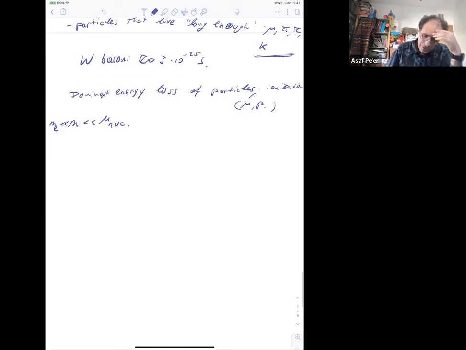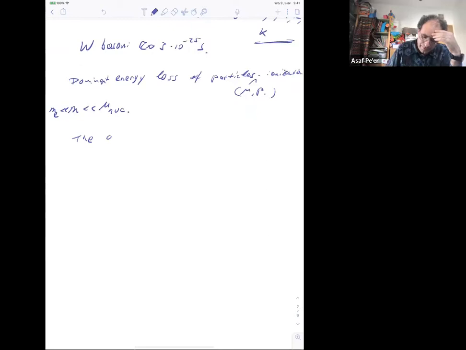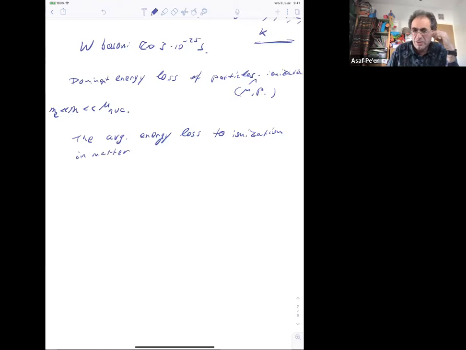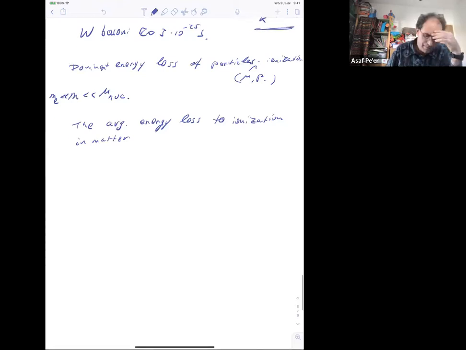So the average energy loss to ionization in matter is given by a formula which is quite famous. It's called the Bethe-Bloch formula.